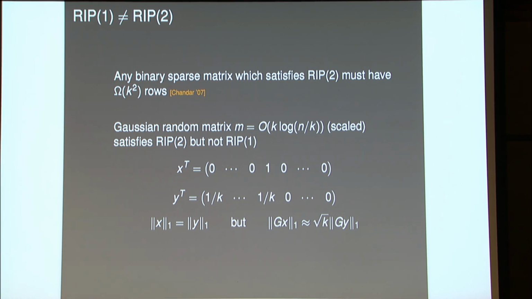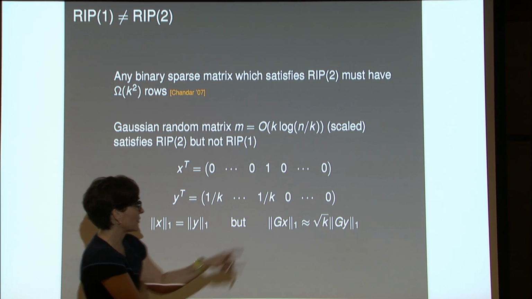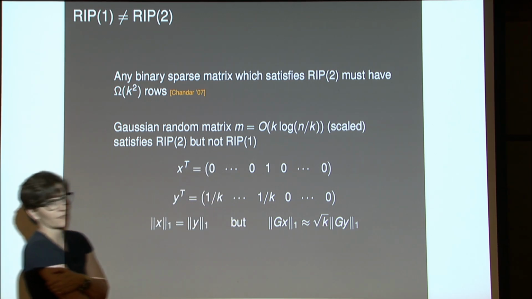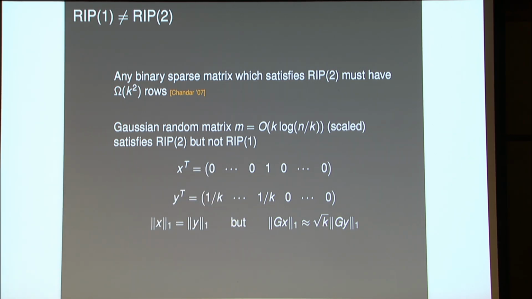Okay. You can also do the following thought experiment and take a Gaussian random matrix with k log n over k rows appropriately scaled and hit it with two different vectors that have the same L1 norms. And you'll see that the L1 norms of the measurements Gx and Gy are quite far apart from one another.